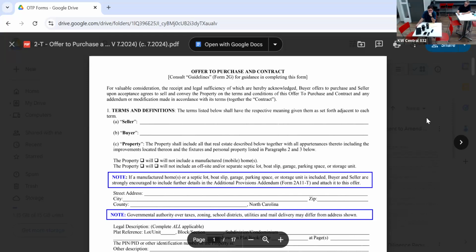So for example, seller might be SM Ward Construction, Inc. Okay, and then Karen Ward, as a human, signs on behalf of SM Ward Construction, Inc. as vice president.